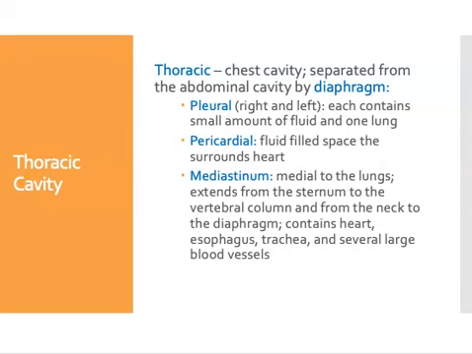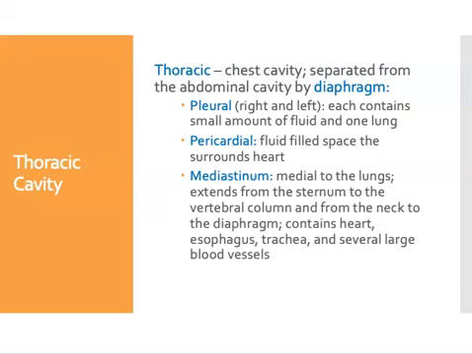And there's a small amount of fluid in that cavity as well. So the lung is actually floating, if you will, within the pleural cavity. The pericardial cavity, like the name suggests, is the space that surrounds the heart, and it too contains a small amount of fluid. Finally, there's the mediastinum.